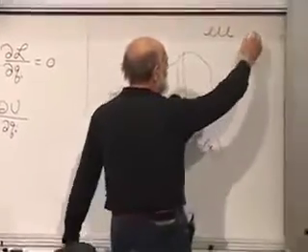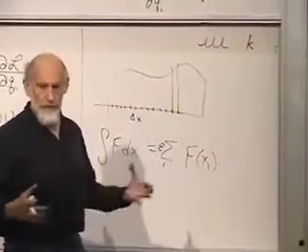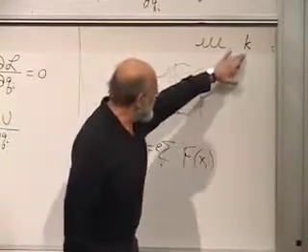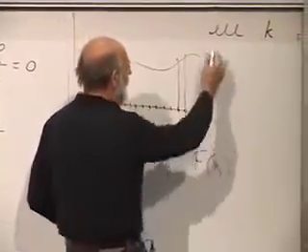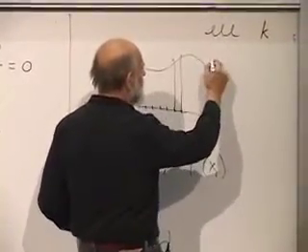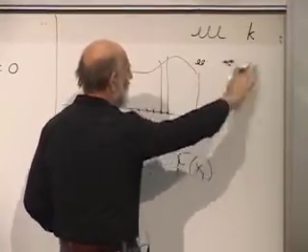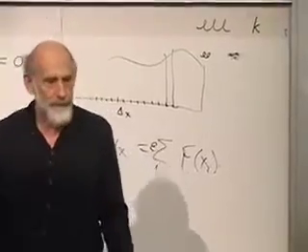And it has a certain spring constant, K. It represents the stiffness of the spring. It's Hooke's law, spring constant K. Supposing you cut the spring in half so that it's only half a spring and throw the other half away.